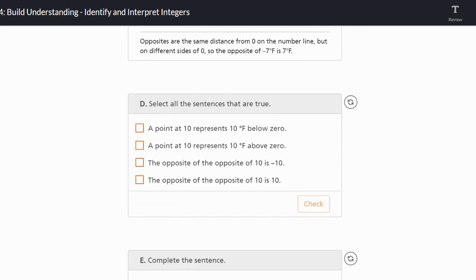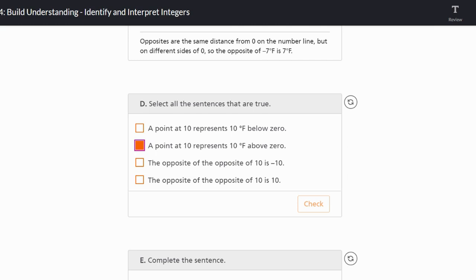For letter D, let's select all the sentences that are true. Is it true that a point at 10 represents 10 degrees below 0? +10, is that 10 degrees below 0? No, because it's not -10. Is 10 showing you 10 degrees above 0? That's true because it's +10. Is the opposite of the opposite of 10 -10?